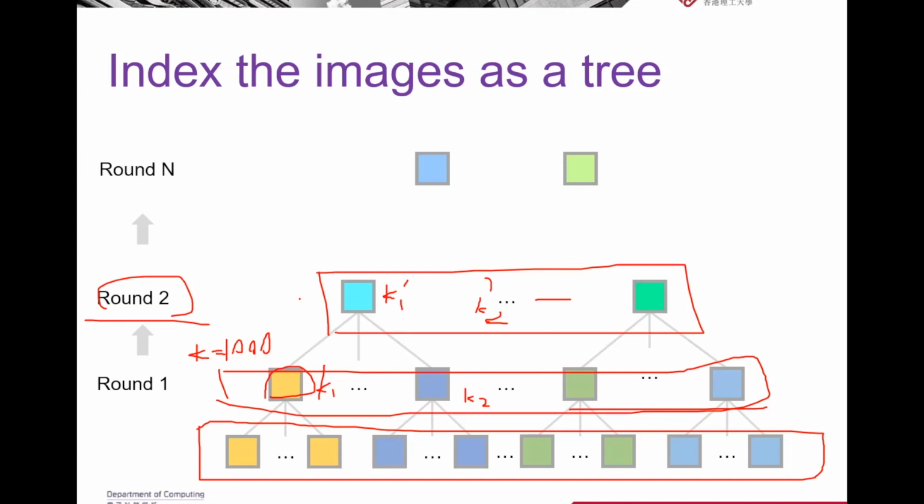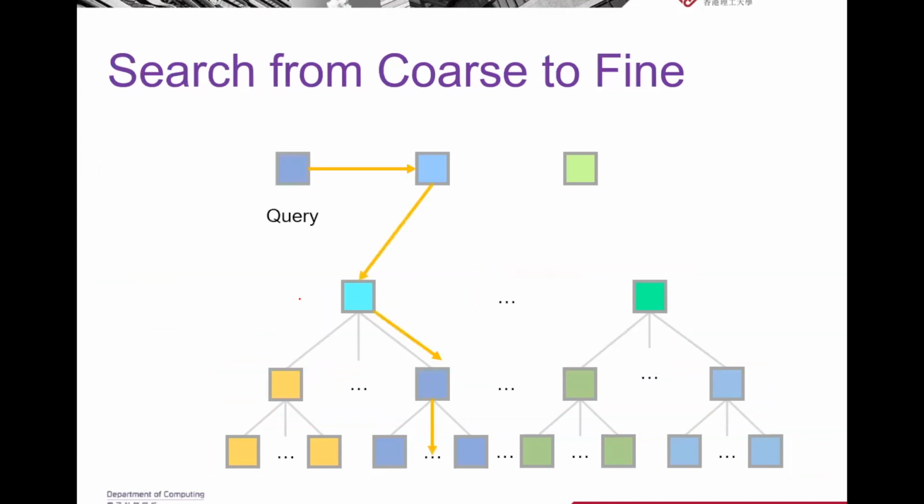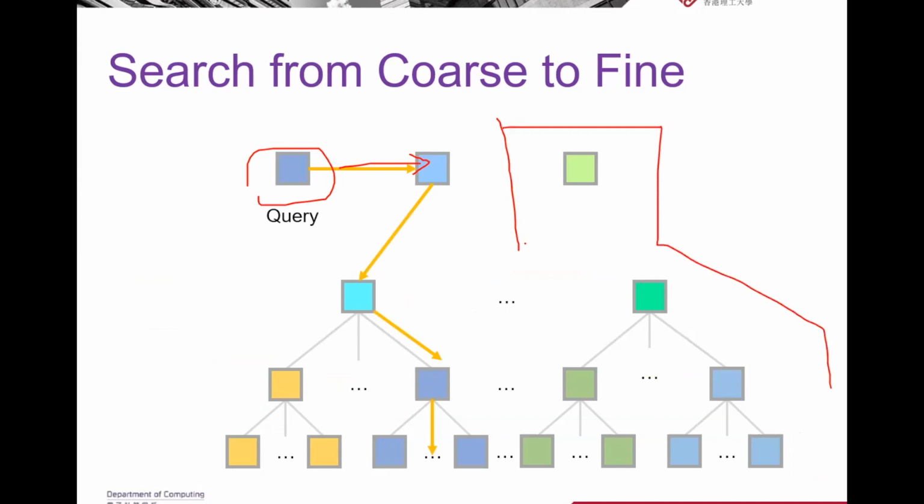First of all, let's see that we've already organized the samples as a tree-like structure and see how we can use it. And the search will be something like this. When you have a query, you extract a feature and you compare it to the representatives at the top level. Then after that, you might pick up the most similar one, and at the same time, you discard the others, right?